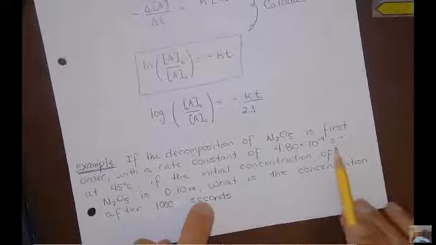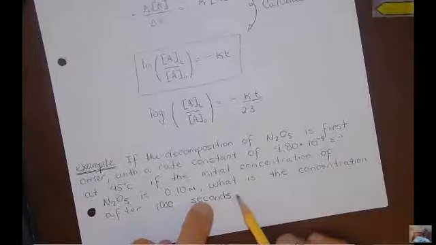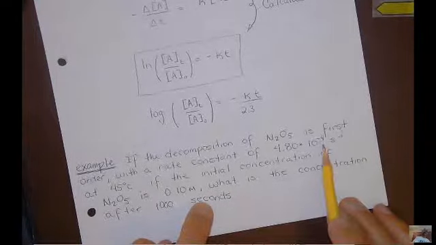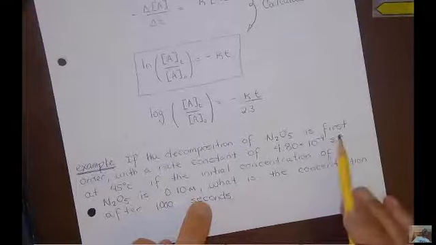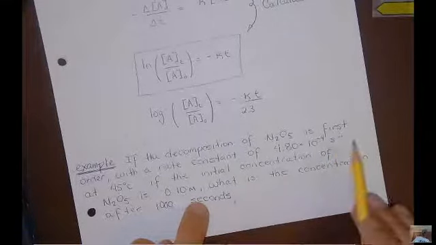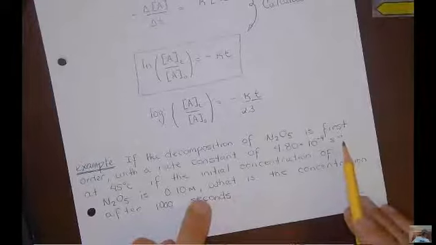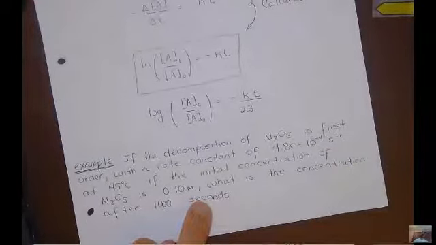One of the keys is to realize that the rate constant is in reciprocal seconds and the time is in seconds, so we don't need to convert. If you get the time in minutes and the rate constant in 1 over days, you need to get them both into the same unit, so you should change your time into days or hours or whatever they're talking about.